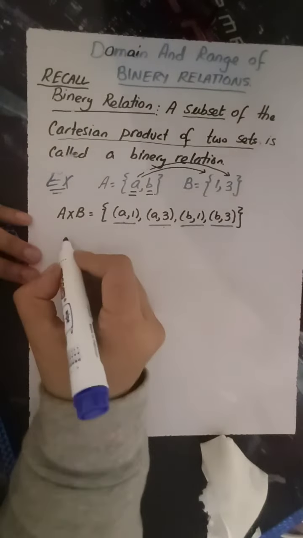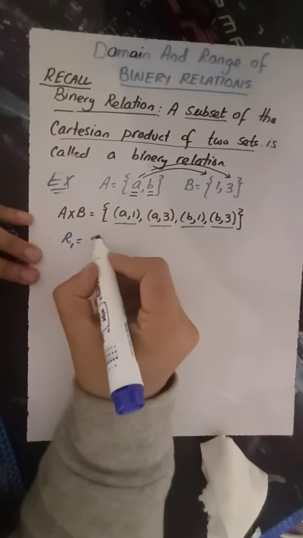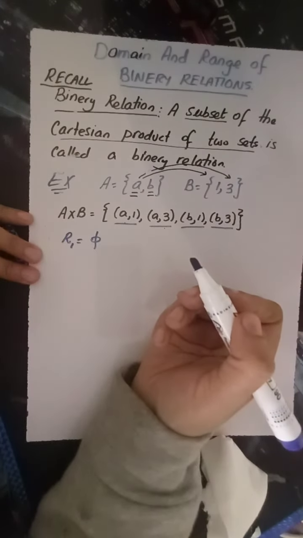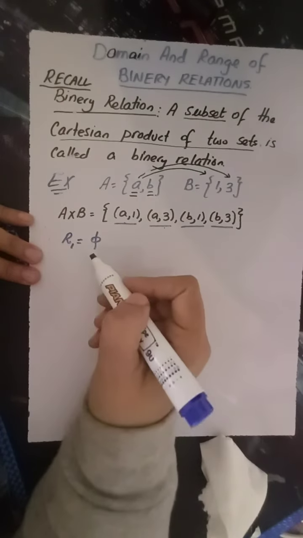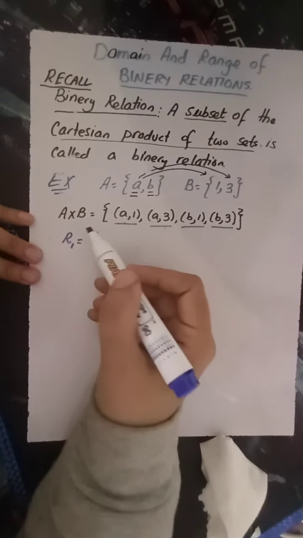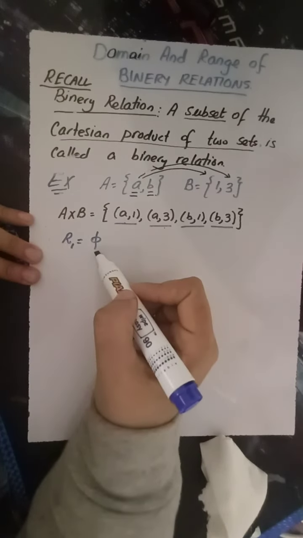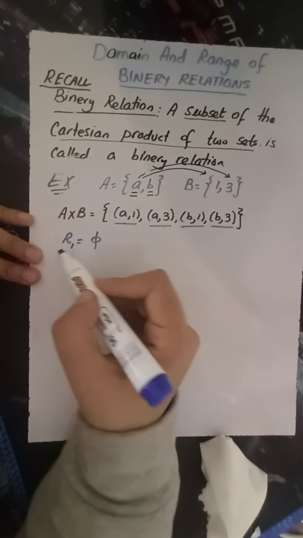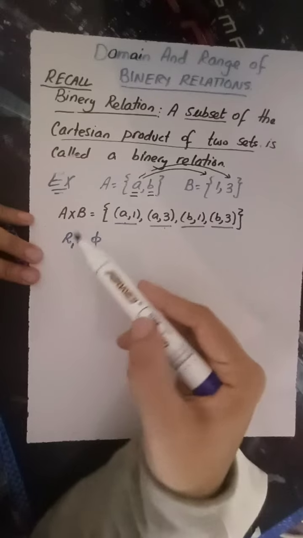The first subset which belongs to every set is the null set, the phi, the empty set, which is a subset of every set. So this set will also have a subset equal to phi. This is the first subset that I have made. It means that I have made the first binary relation of these two sets.